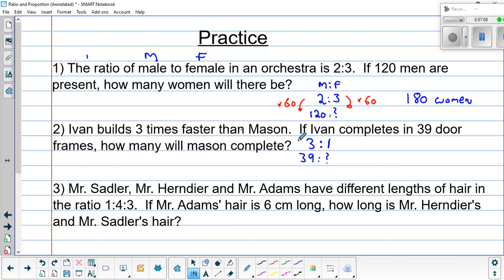Well, how do we go from 3 to 39? Is it easier than going from 3 to 1? I think so. So we can times by 13 that way, right? Or times by 13 this way. And we can get Mason completes 13.